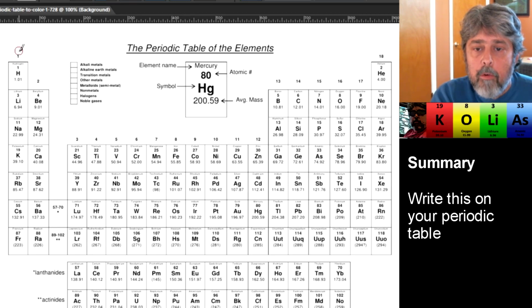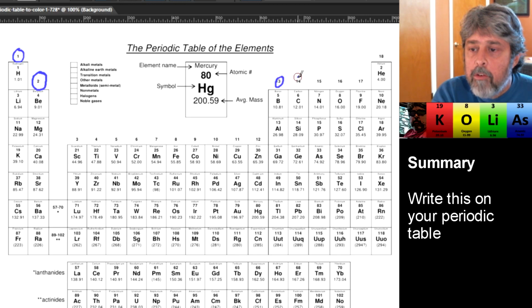Over here, group 1 has 1 valence electron, group 2 has 2 valence electrons, group 13 has 3 valence electrons, 14 has 4, 15 has 5, 6, 7, 8 valence.